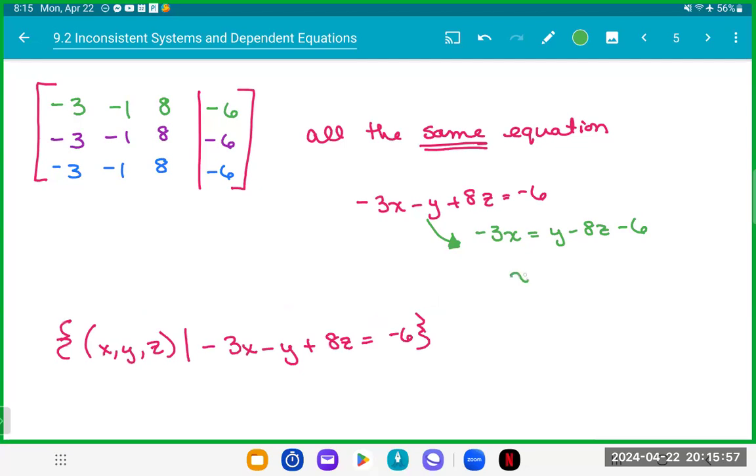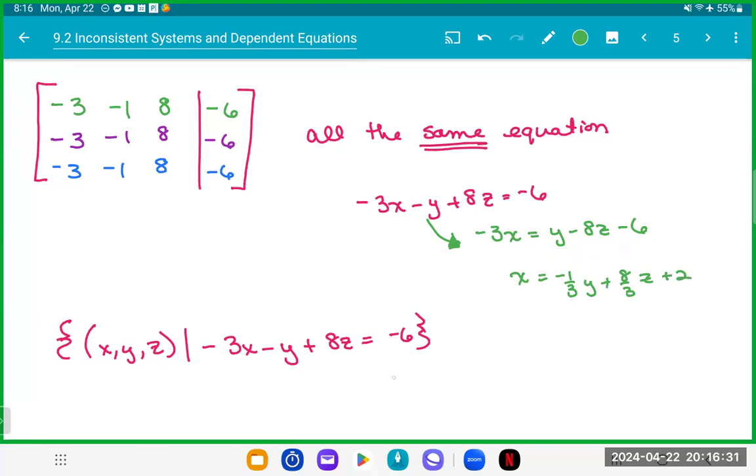So that gives me x equals, so we're solving it in terms of that, dividing everything by negative 3, negative 1/3 y plus 8/3 z, and the constant actually becomes plus 2, if we divide everything by that.